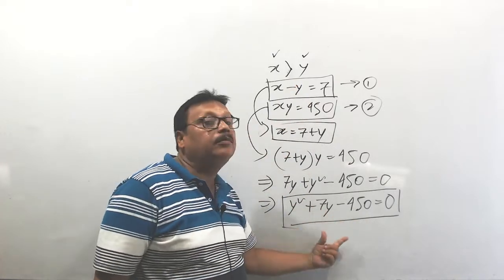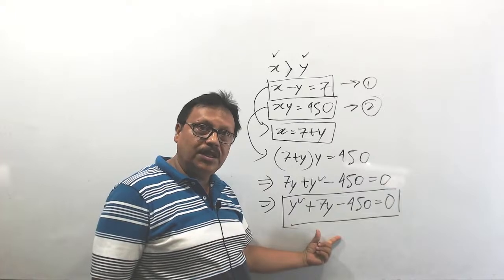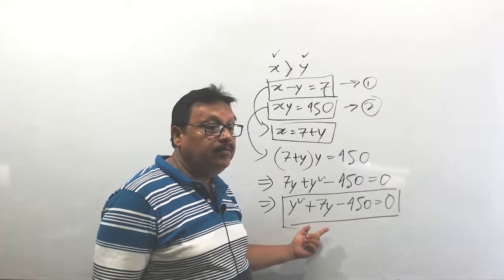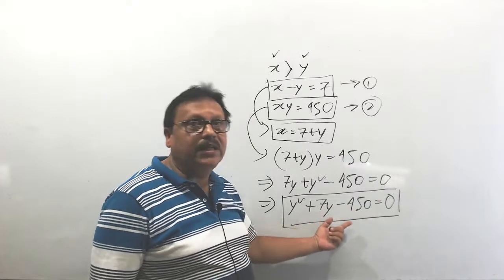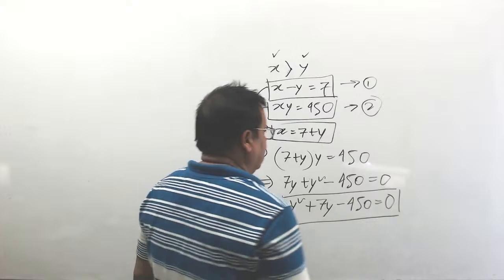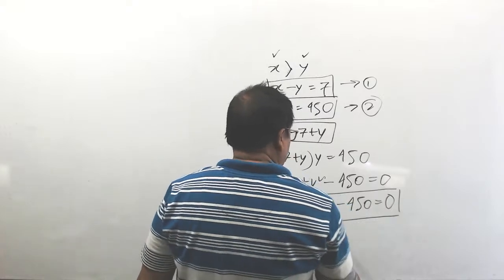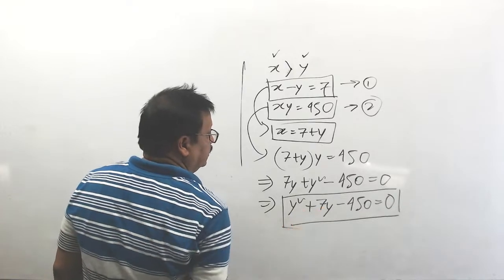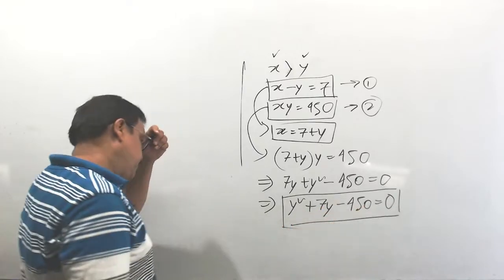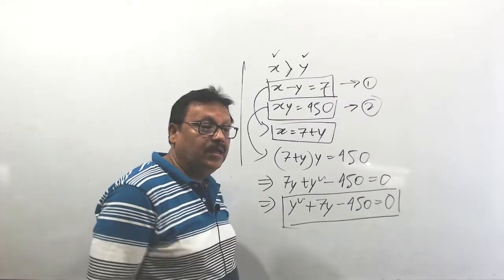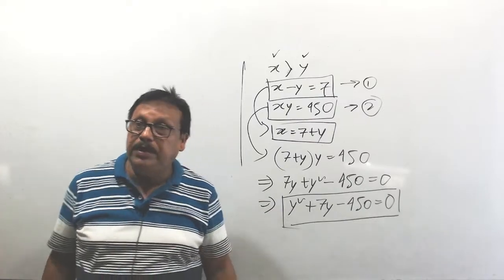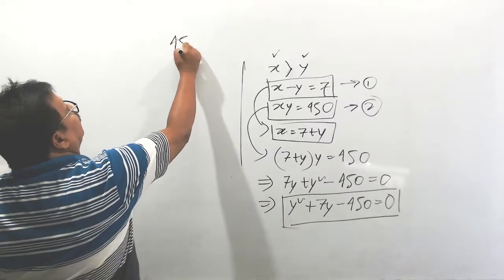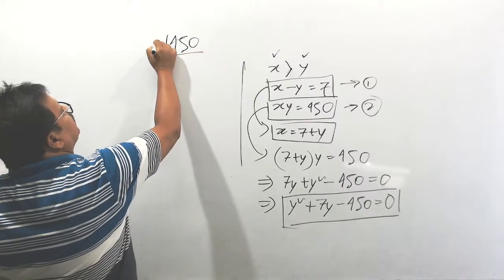Now you are to solve this quadratic equation. These are the steps. Solve. That is, by which method you have to solve? By using middle term method, right? So how do you solve? Come here. You have to bring 7 by factorizing 450. How will you bring 7? Factorize 450. 450 is divided by 2.